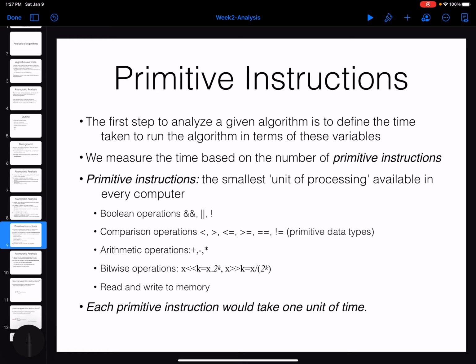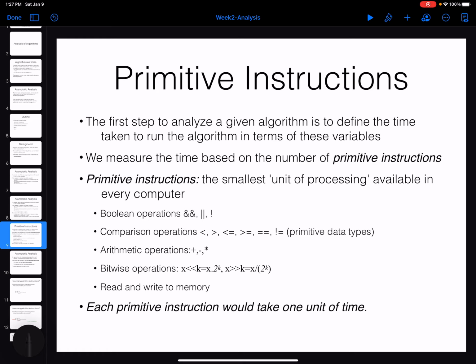A primitive instruction in modern computers, by modern I mean the regular computers you have here, I don't want to go into the details, but those computers have a CPU and also have access to a fast-access memory, we call it random access memory. The primitive instructions are all the Boolean operations, logical and, or, not, xor, all of them, and comparison operators over the primitive data types.